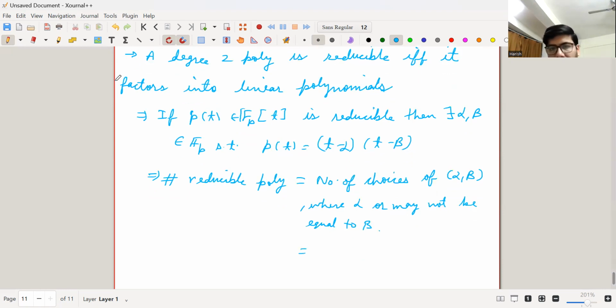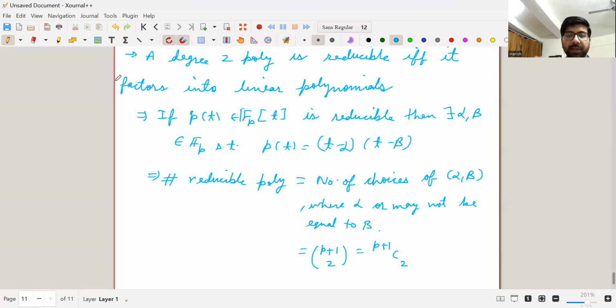Because we are choosing from F_p, this has to be p plus 1 choose 2, or one may write it as (p+1)C2.